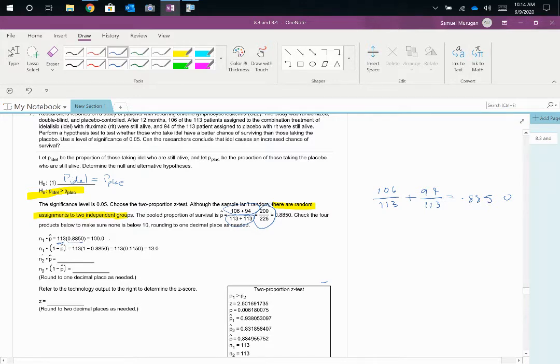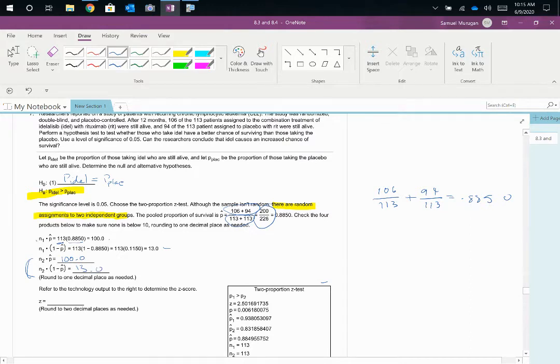Then we take the sample size, this is for the first sample, times 1 minus p hat, and we get 13. Now we have to do the same for the second sample size, but because we're multiplying by the same 113, the numbers are going to remain exactly the same for this sample.